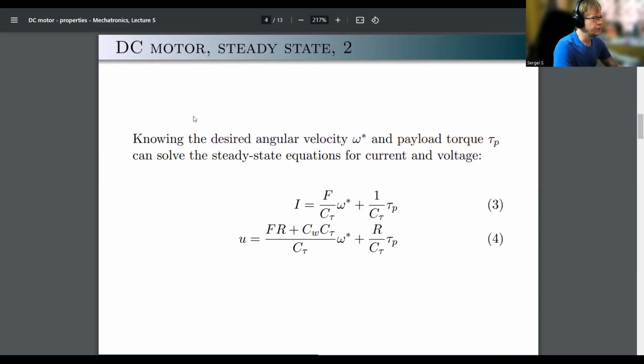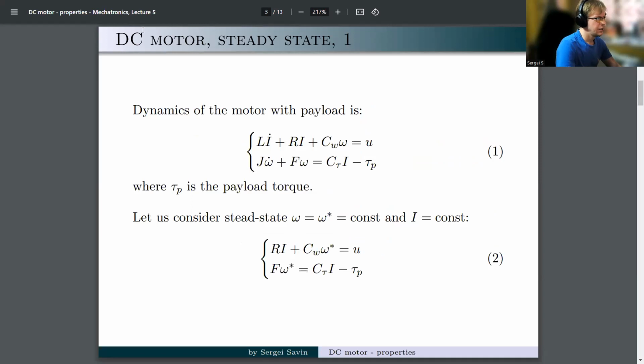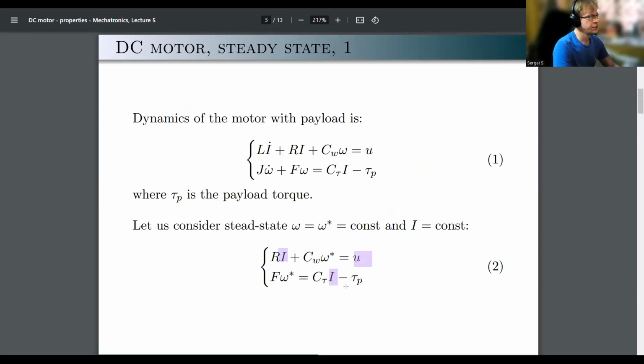So let me go back. Unknown variables now become current and voltage. Those two become unknown variables, while the other variables become known. Notice it is quite like a change of perspective.